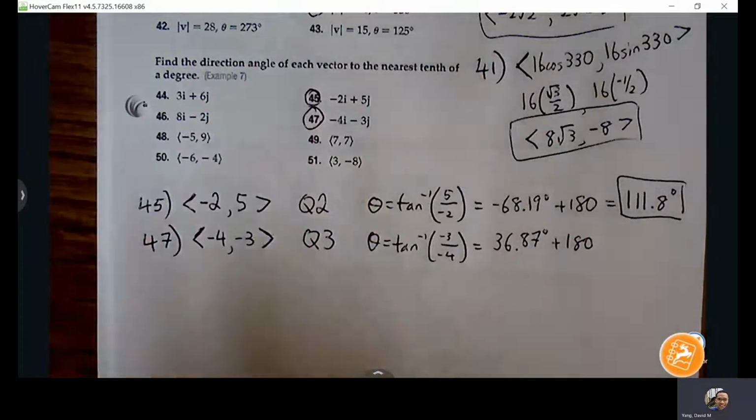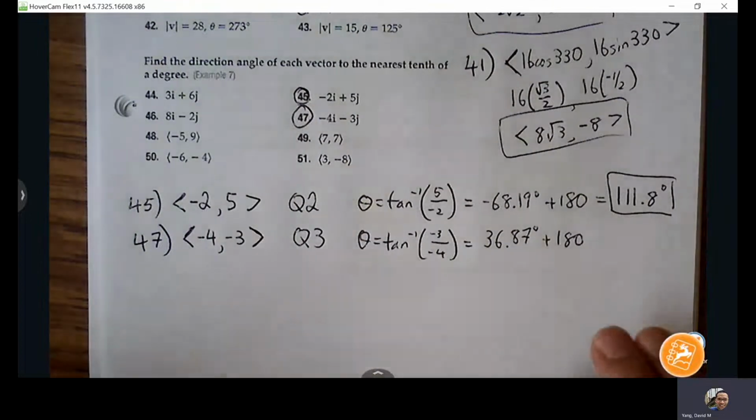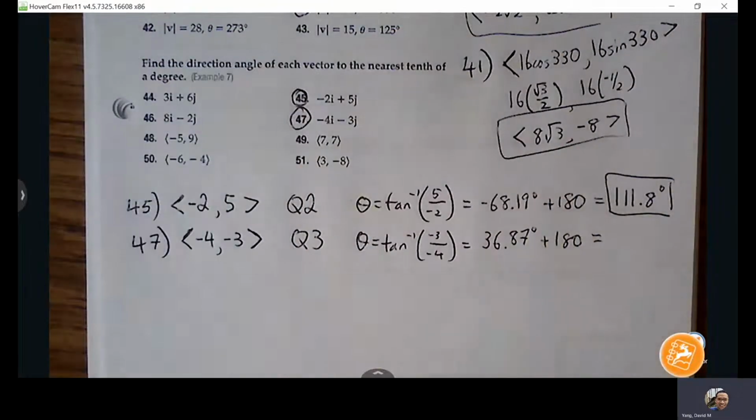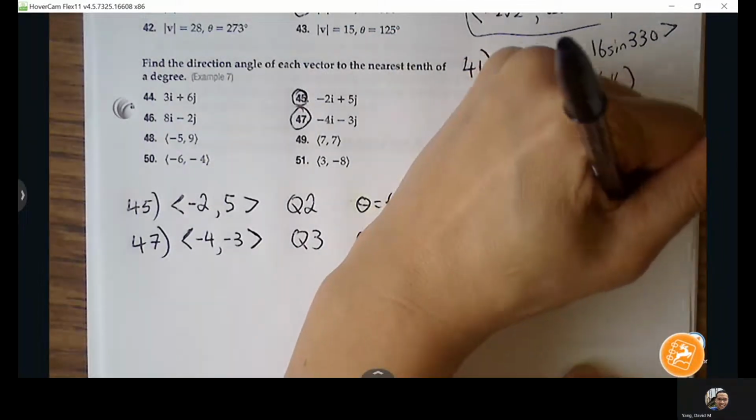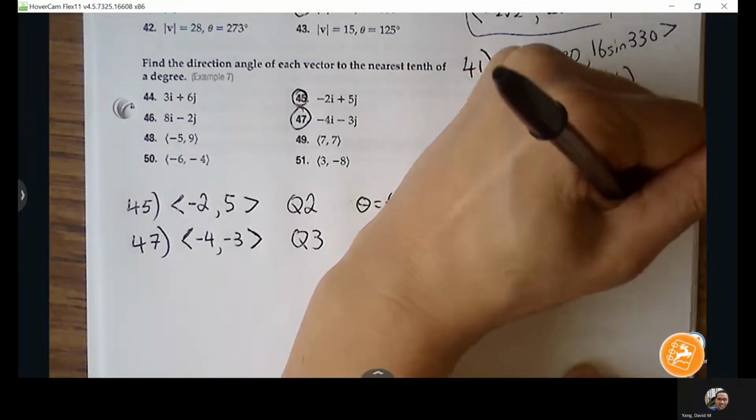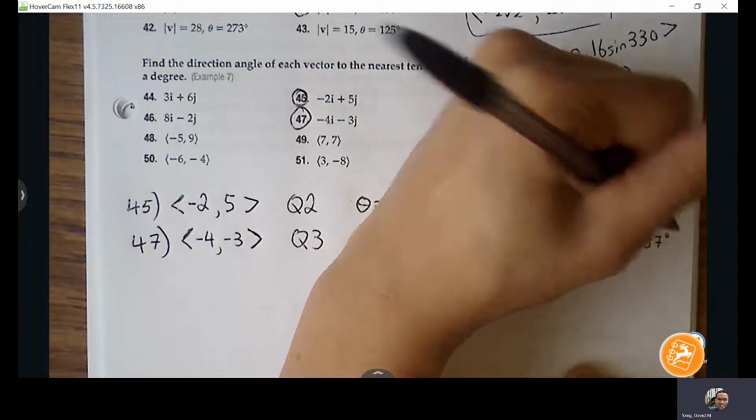Third quadrant, we're looking for an angle measure between 180 and 270. This will do it.